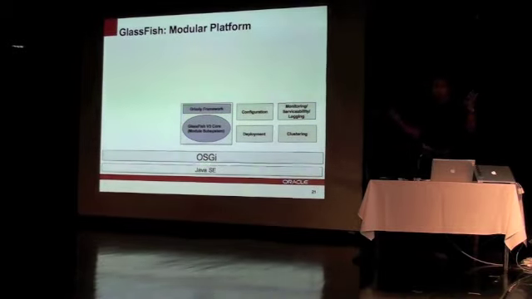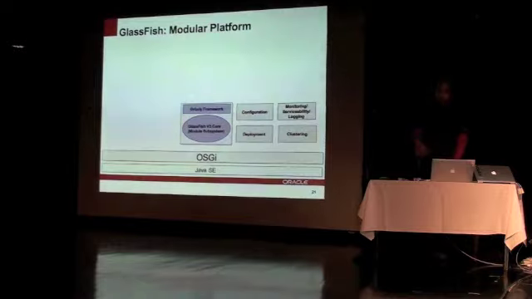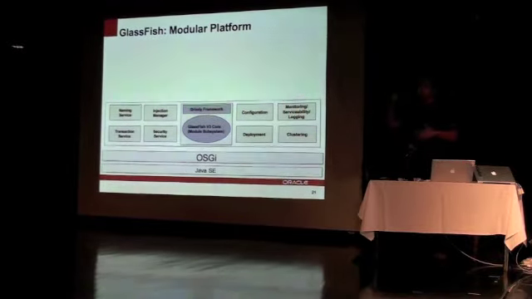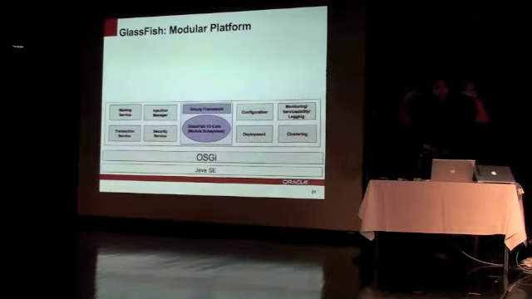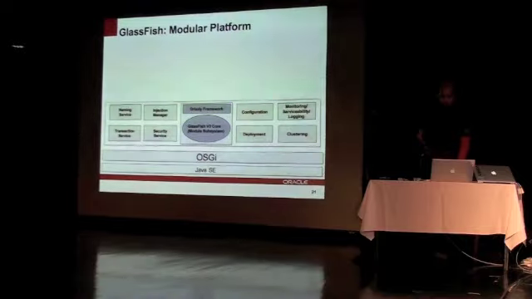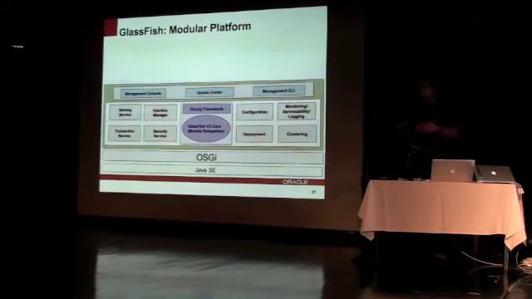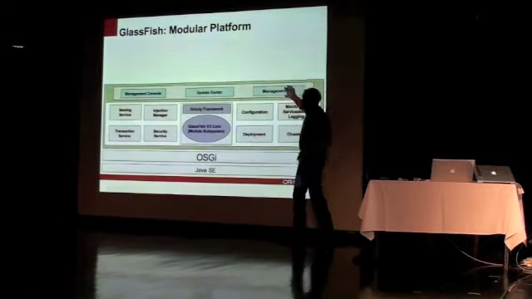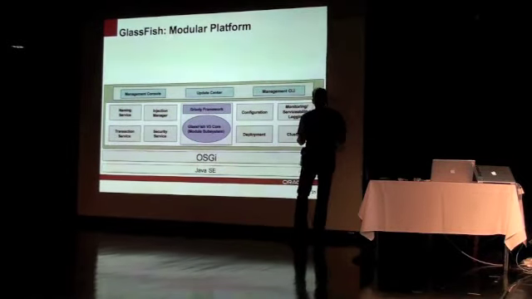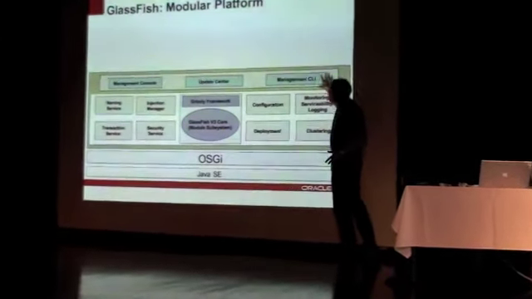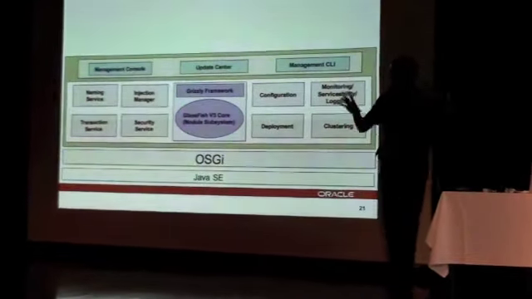So configuration is a service, deployment is a service, management is a service, clustering is a service, injection is a service. Each of these are exposed as OSGi bundles and OSGi services. Now we have more services built upon these basic services, like the management command line interface. I have my web-based console, which is in turn leveraging these basic services to provide more composite services, so to say.